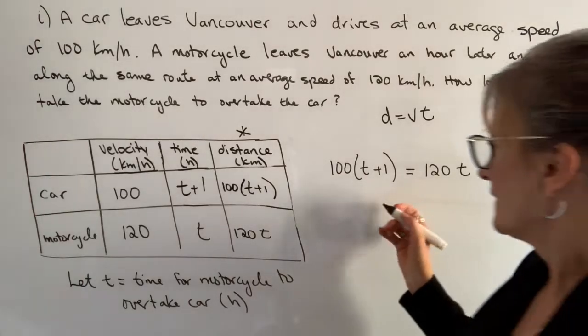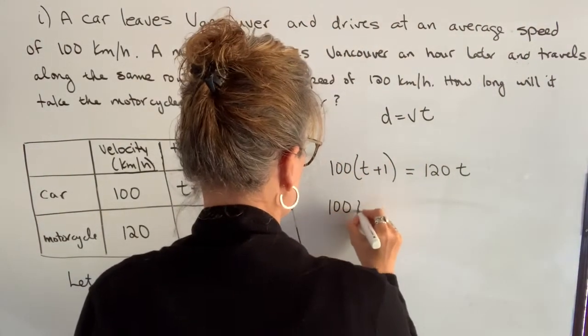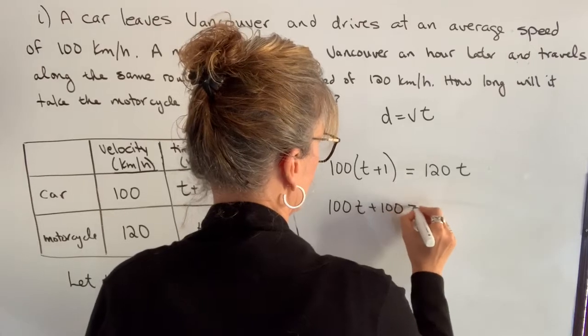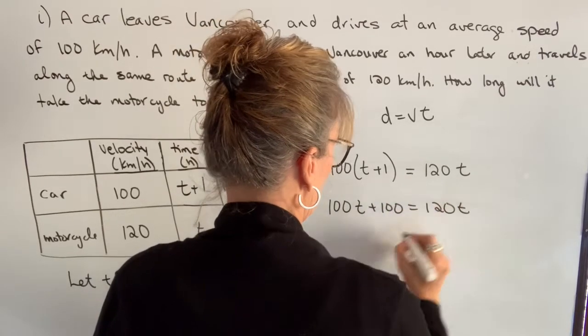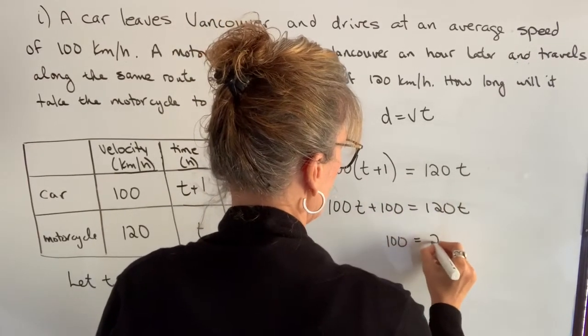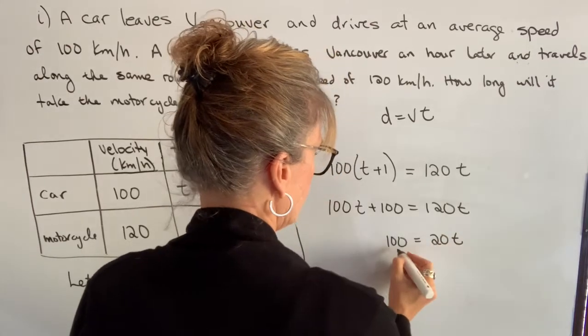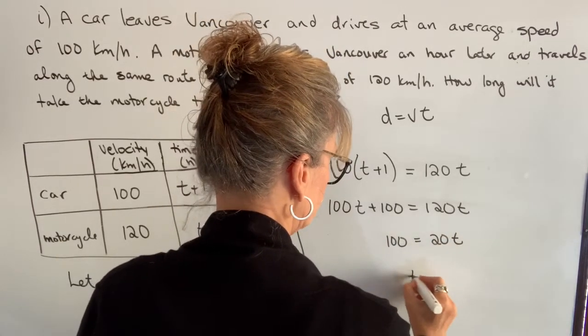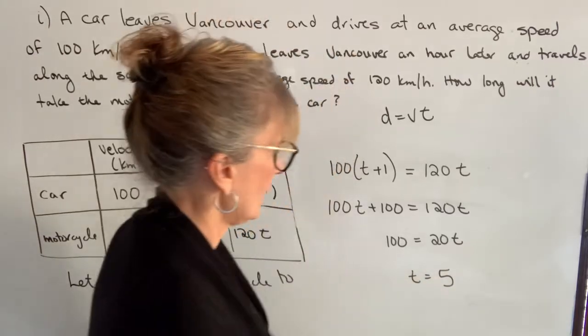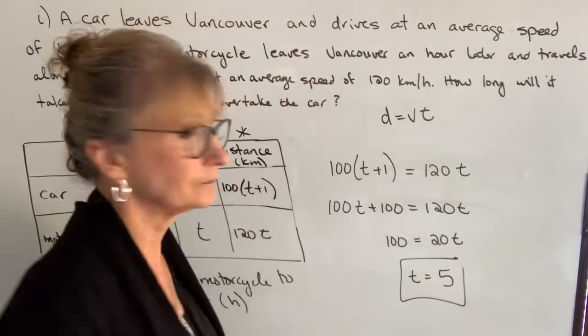And now we just solve this. I'm going to subtract 100t from both sides. I'm going to divide 100 by 20. And I get t equals 5.